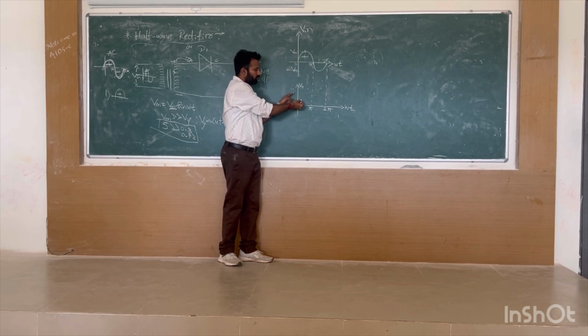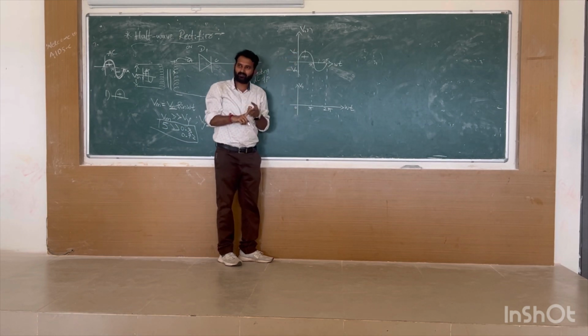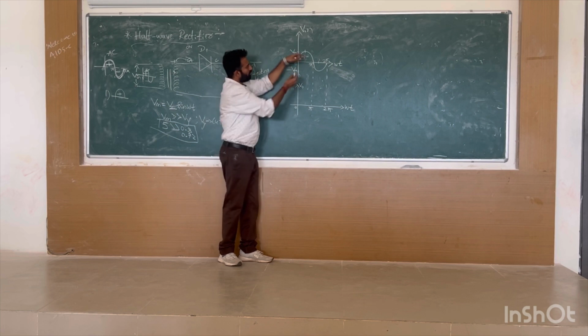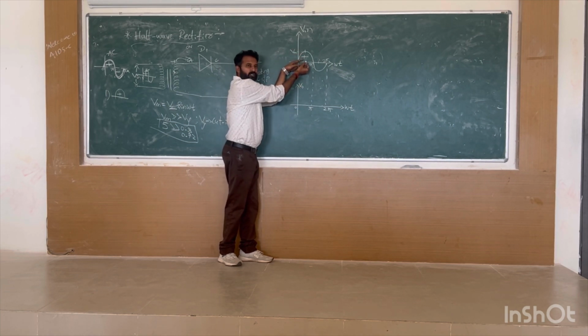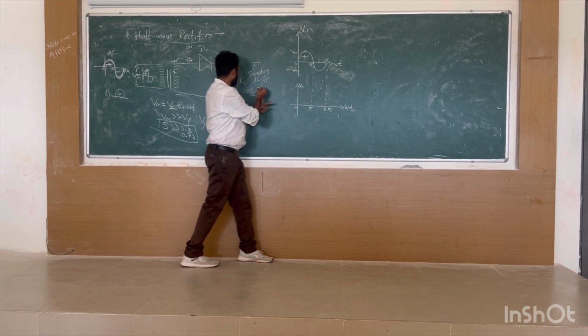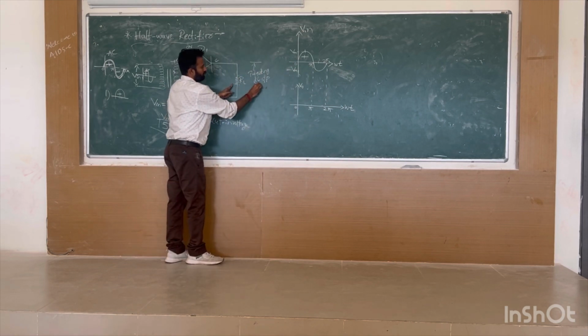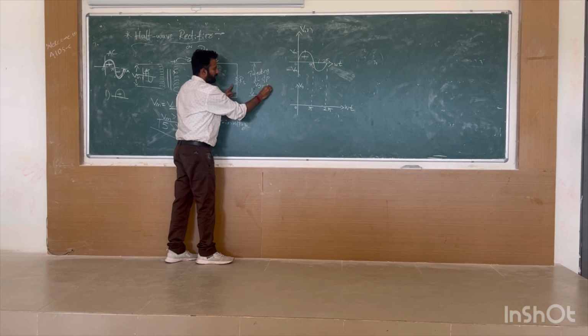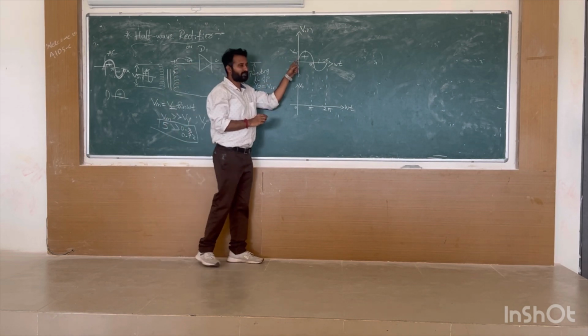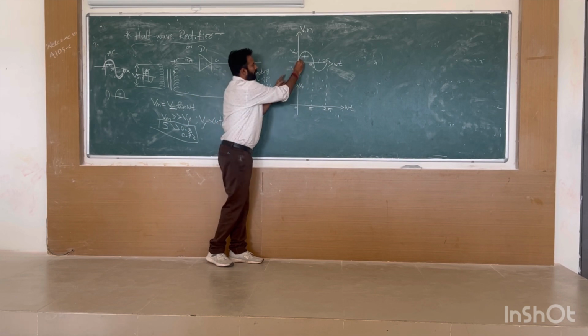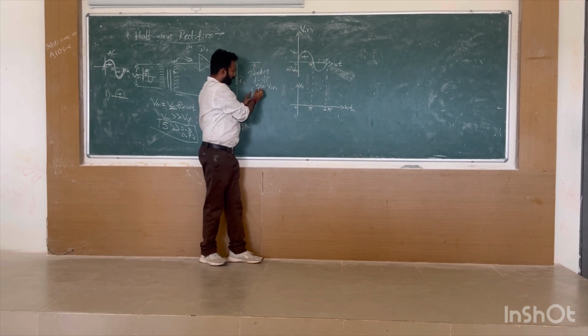Now what will be my output? Diode is on. Diode is conducting. Your input will be the output. The input will appear across the load. This is your Vout. Vout will become Vin. If it is under forward bias condition, input will appear across the load.